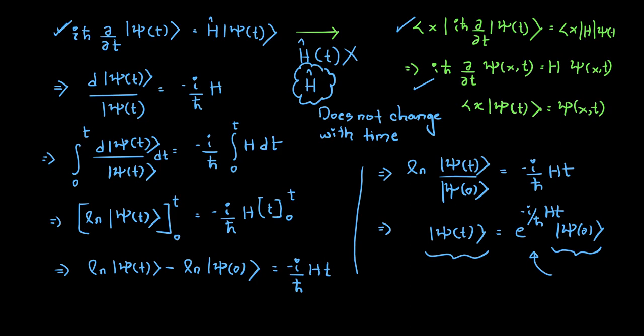But on the other hand, the wave function does evolve with time. Okay, but the fundamental idea behind the time independent case is not that the wave function is evolving or not evolving. The wave function always evolves. The main idea is that the Hamiltonian doesn't evolve with time, and since the Hamiltonian does not evolve with time, the probabilities don't evolve with time.